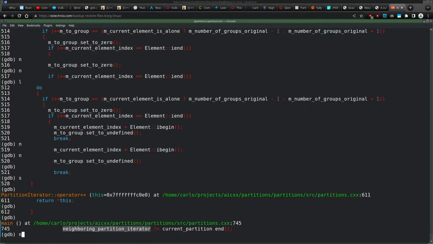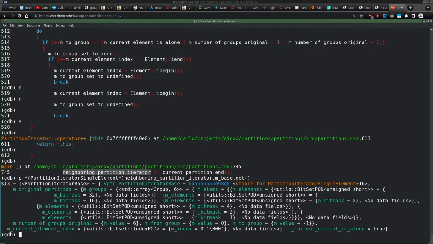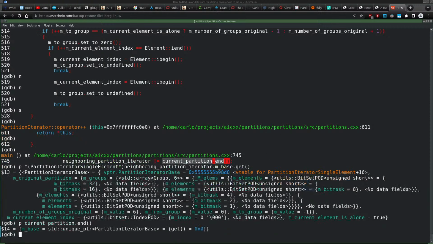Let's try to find where I printed the thing. It is the end operator because the to group equals -1. We're going to compare that with the current partition end. Which is the end operator because base is equal to 0.